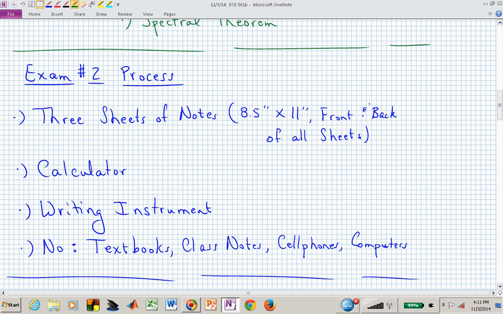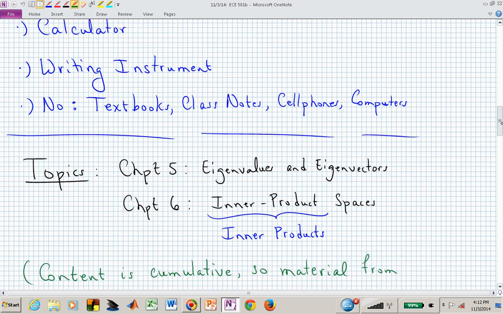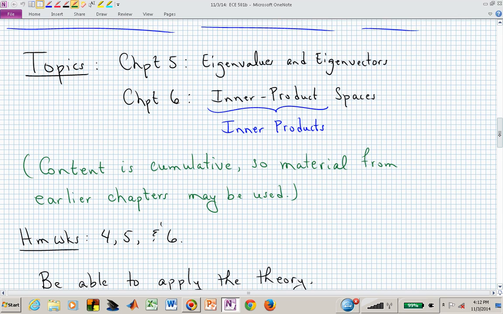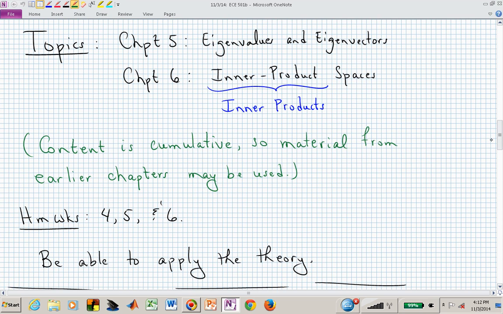I have provided some additional resource material. Here are the topics. Inner products are the emphasis of chapter 6, which is inner product spaces. The content is cumulative, which means we need some of the material from earlier chapters, but that's not the focus of exam 2.